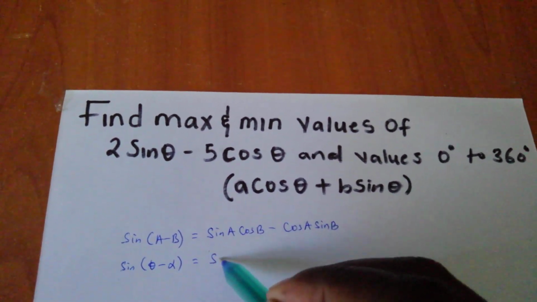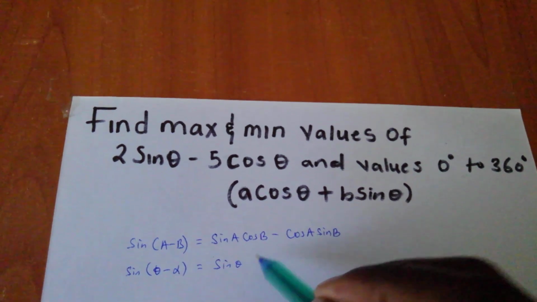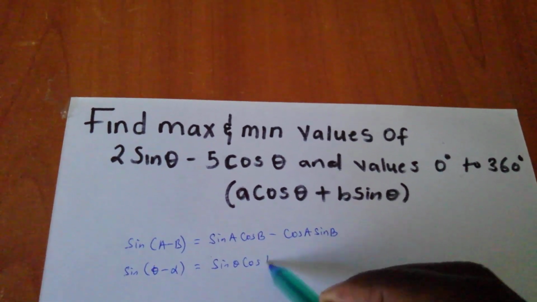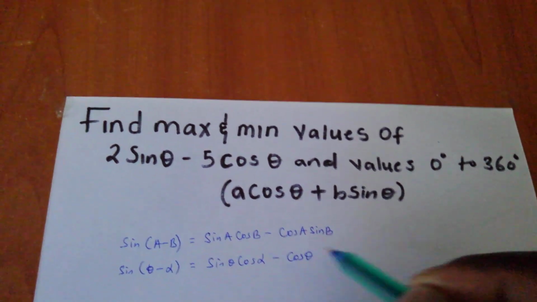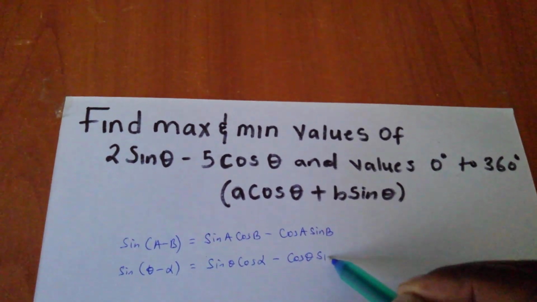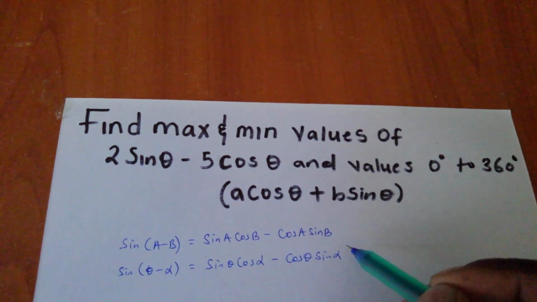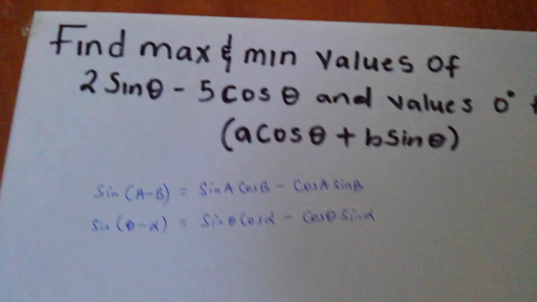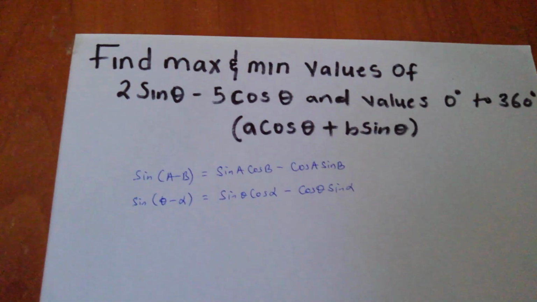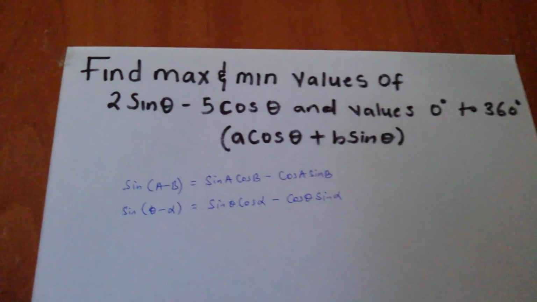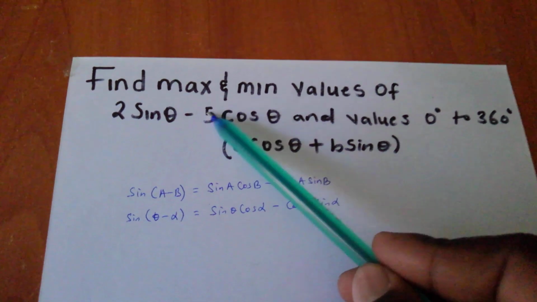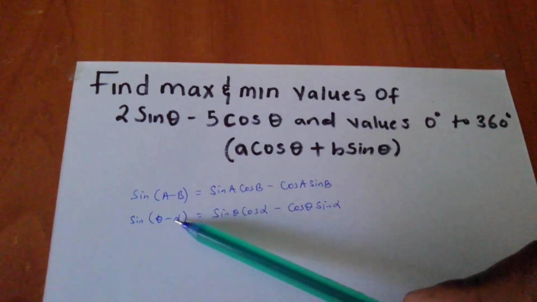So it will be sine theta cos alpha minus cos theta sine alpha. So it is in this form that I'm going to be able to use. Now I'm going to compare the original and this one.